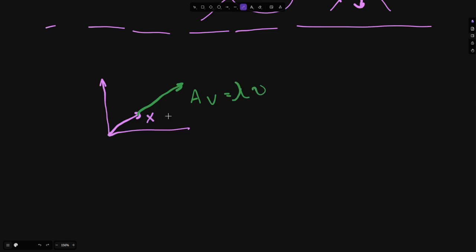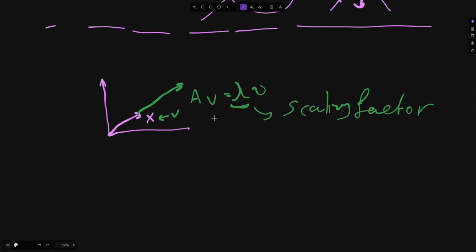This x is v. This is our transformation, the matrix A. It acts on a vector v, and usually A times v gives a totally new vector. But for our special eigenvectors, the result is simply λ, a scaling factor. The scaling factor is called lambda. It is nothing but a number, and v is the original vector.